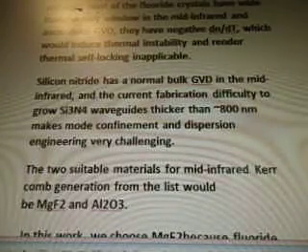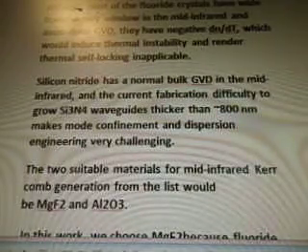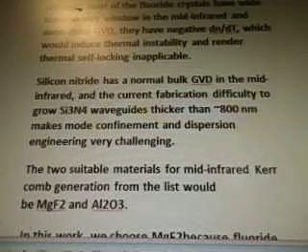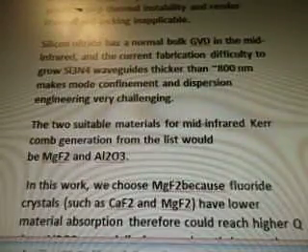Silicon nitride has a normal bulk GVD in the mid-infrared, and the current fabrication difficulty to grow Si3N4 waveguides thicker than approximately 800 nm makes mode confinement and dispersion engineering very challenging.